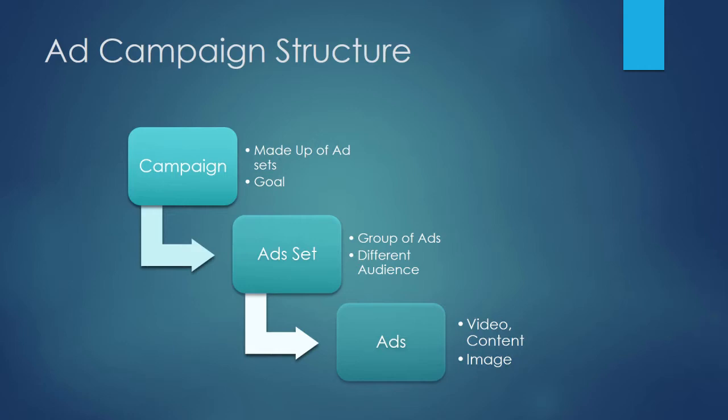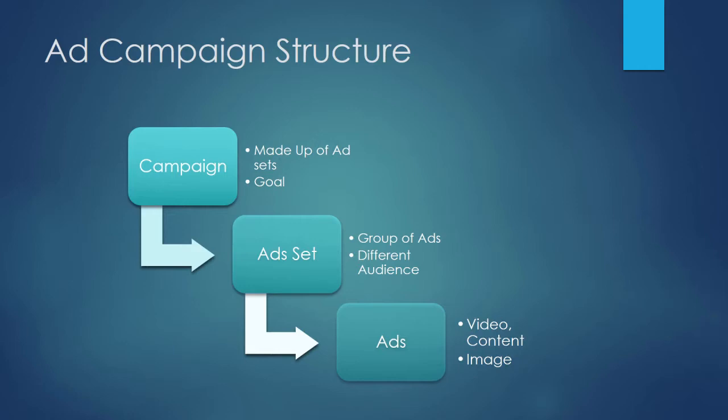Like, what is your goal? Do you want to reach more audience? Do you want people to engage with your page? Do you want people to go to maybe your website to purchase something? So the campaign is more of creating a goal for the ad that you're going to use.